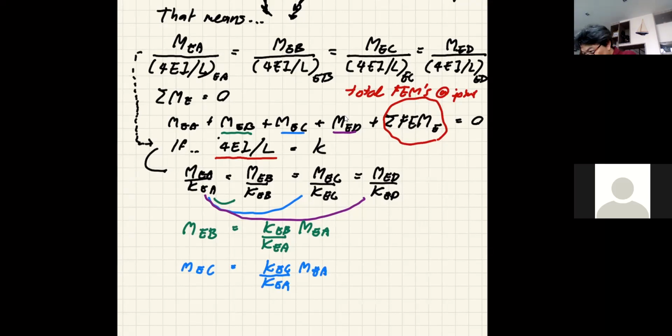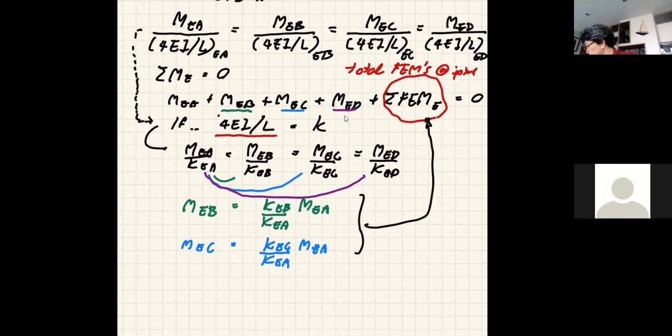Okay. So when I replace this and put this back in this equation, I can now have MEA plus MEB becomes KEB over KEA MEA, plus, you know, I try my very best to make it readable.